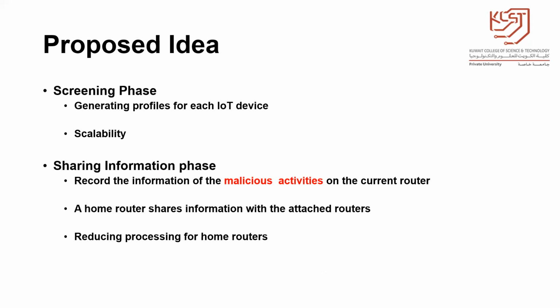But if the camera is sending this huge amount of traffic from, let's suppose, 8 to 9 in the evening, we will think that, okay, we know the profile of this IoT device could send a huge amount of traffic at that particular time. Similarly, let's suppose the refrigerator will be continuously sending data to the server, but that data will not exceed a particular limit. So we can say that this is the profile for the refrigerator, and so on.